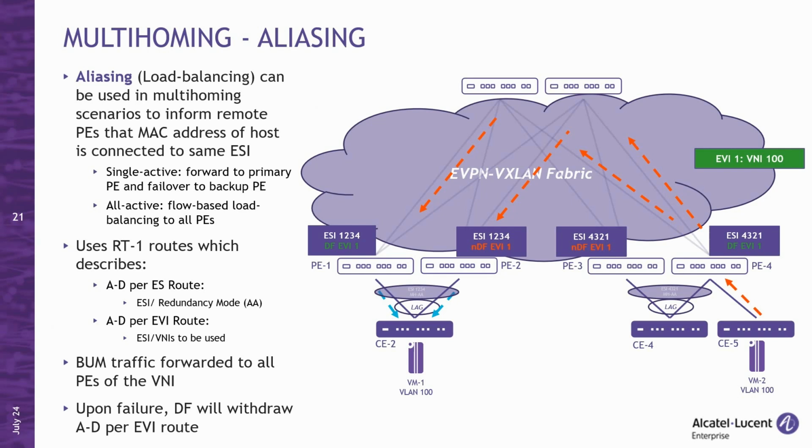The advertised MAC route indicates that the VM1 MAC address is in ESI 1234. PE3 learns the VM1 MAC address through route type 2 and concludes that it can use ESI 1234 as the next hop to reach VM1. So with ECMP enabled, PE3 can then load balance the traffic destined to VM1 to both PE1 and PE2.